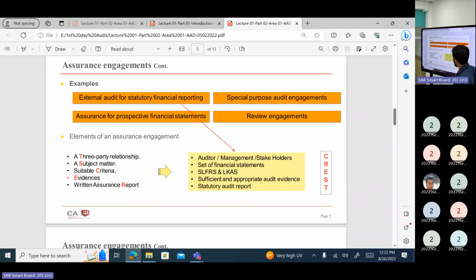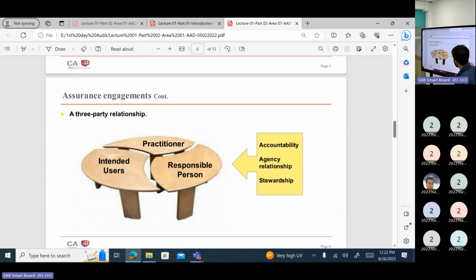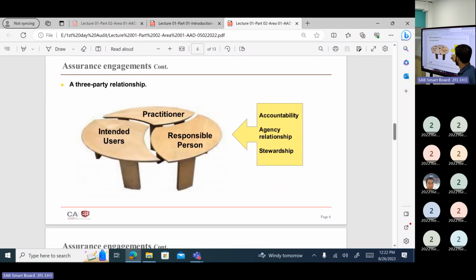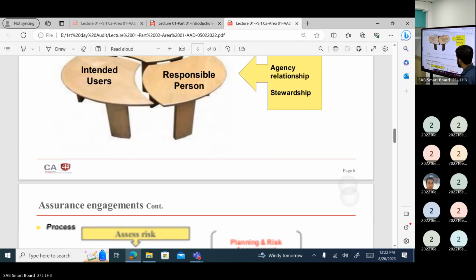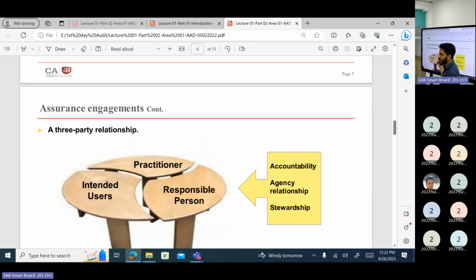So these are the tri-party relationship. Because of this tri-party relationship, we have to have accountability, agency relationship, stewardship. So we have that within this arrangement. Right. So these are the things we discussed. That's why I opened this and showed you those things we already discussed.